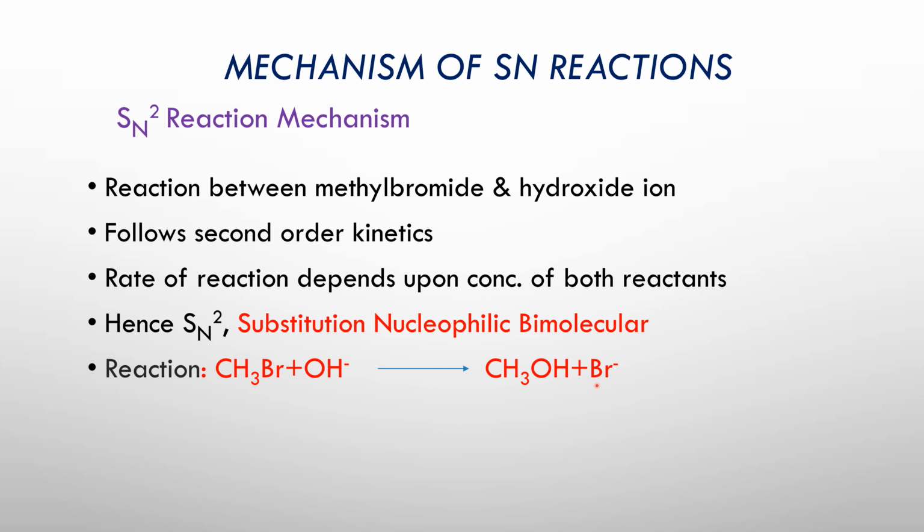It is removed or formed as the side product in the form of salt, sodium bromide or potassium bromide. Now this is a single step reaction. In this single step, the methyl bromide and hydroxide ion react to give methyl alcohol and bromide ion, and this is the slow step, being the only one step.